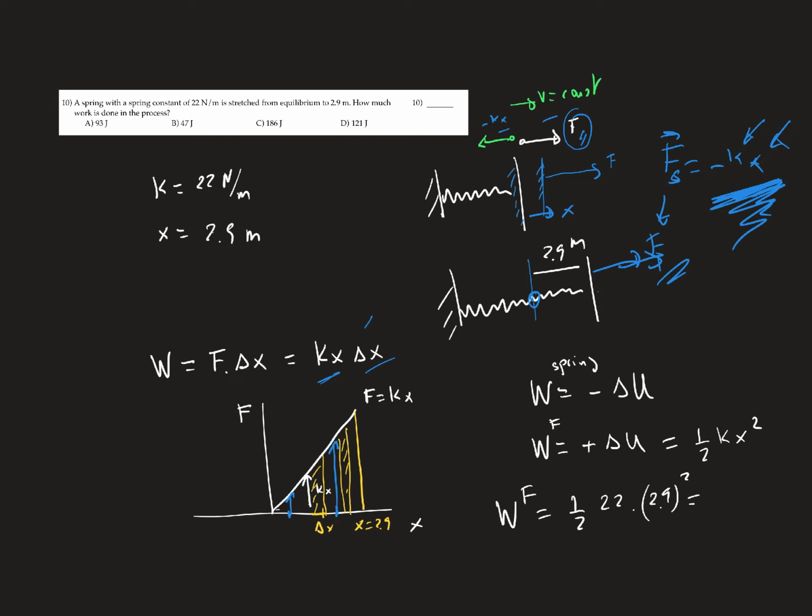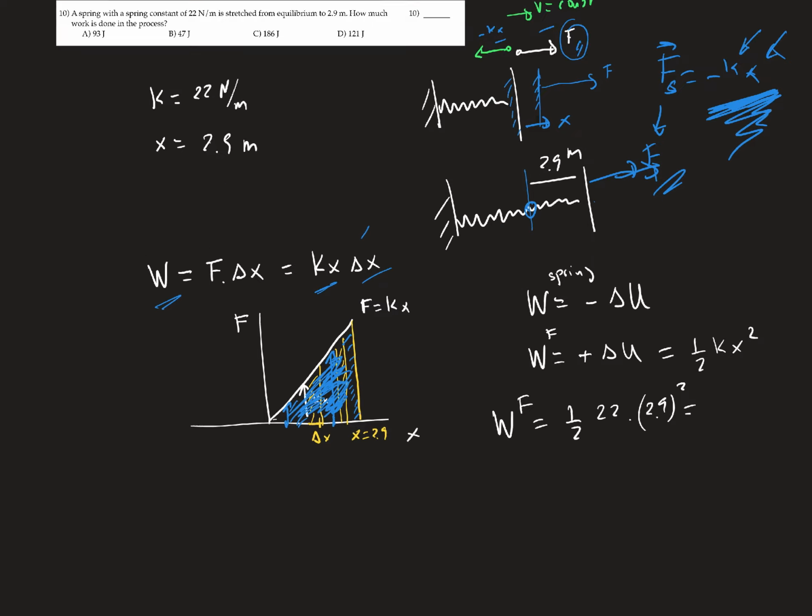Now I make another motion. The force increases, and the delta x is this small delta x. So the force by delta x is again an area, this area. So at the end, the work is the sum of all the small works. So the work is the area behind this curve.